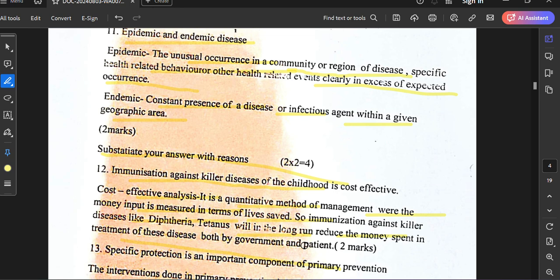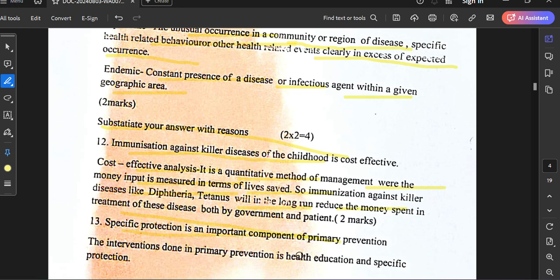But think, if that same person has been vaccinated routinely by birth itself, this disease would have been prevented. You see the difference. So immunization against killer diseases of the childhood is a cost effective method.